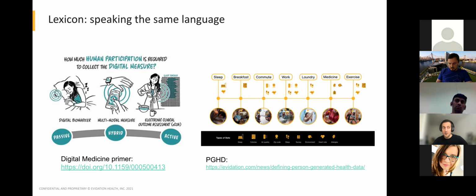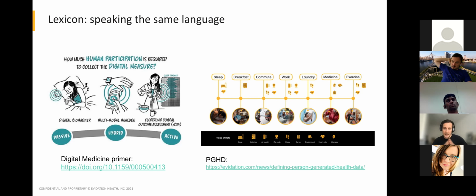So many apps, for example, these days will enable objective data collection in terms of the sensors in a smartphone and interactions with the app, but will also allow the participants themselves to contribute their perceptions, their ratings of their symptoms, and so forth.